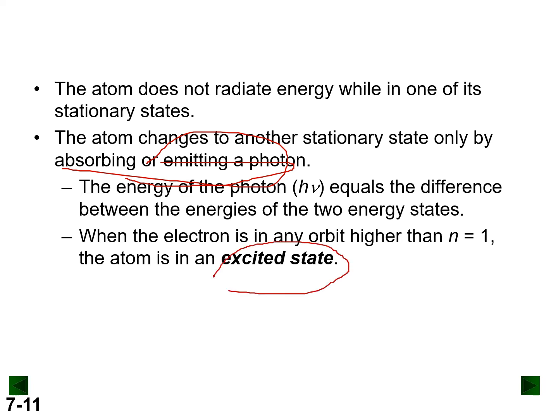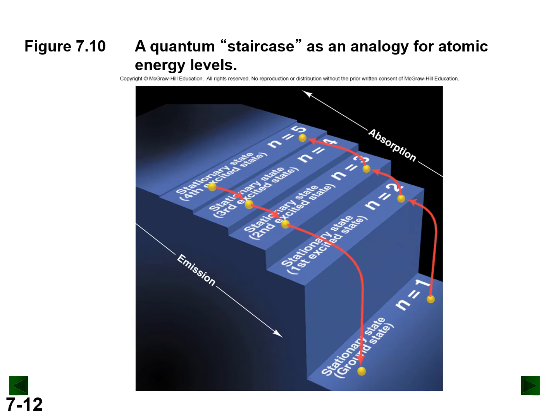As we can see from this figure, the atom changes to another state by absorbing or emitting a photon. We call these absorption and emission.